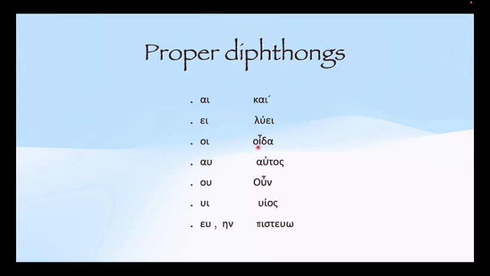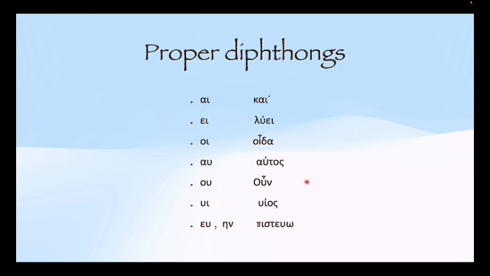Not o-i. It is oi. Oida. Autos. Au. Ou. Pisteuo. Eu.